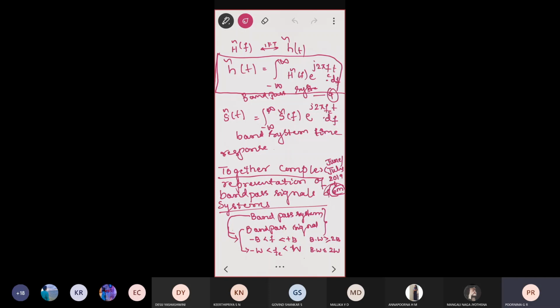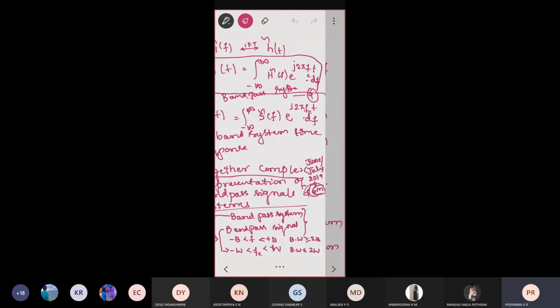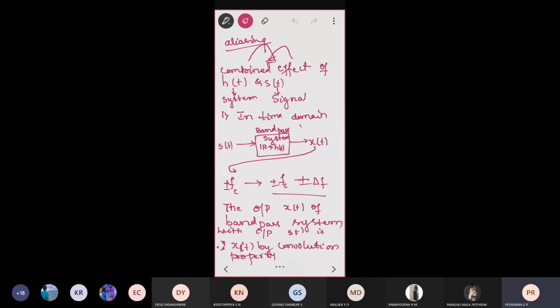When such a band-limited signal is passed through a bandpass system, how the system responds and how these signals behave over the bandpass systems is what I was discussing.